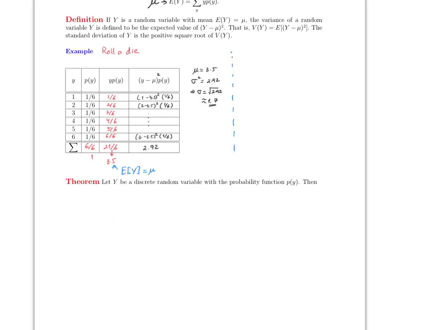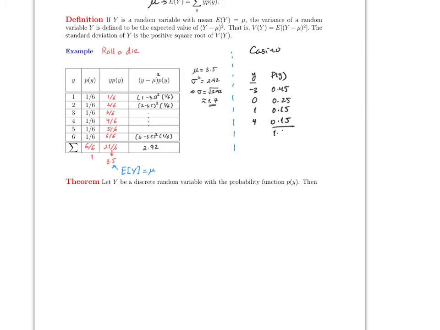Now, if you remember the other example we did with the casino game, for that one we have the following. For the casino, the possible values for y were minus 3, and then 0, 1, and 4. And the probabilities that were given were 0.45, 0.25, 0.15, 0.15.